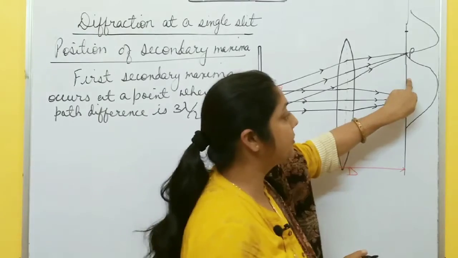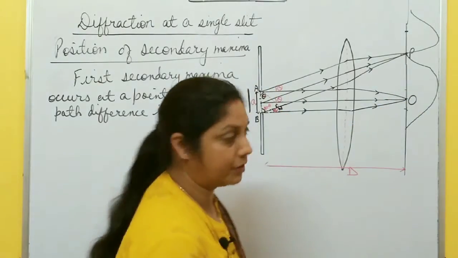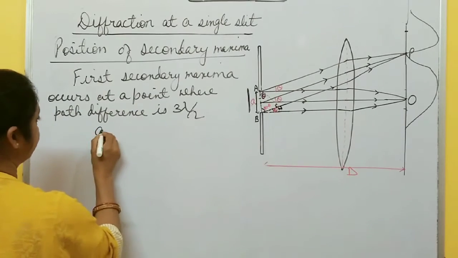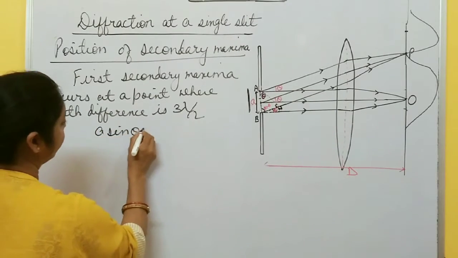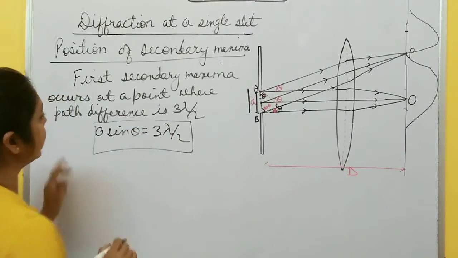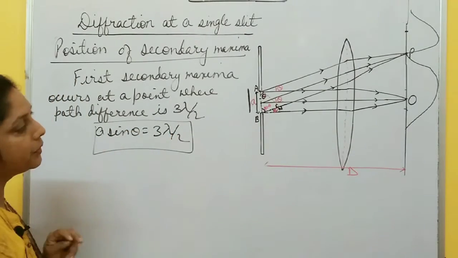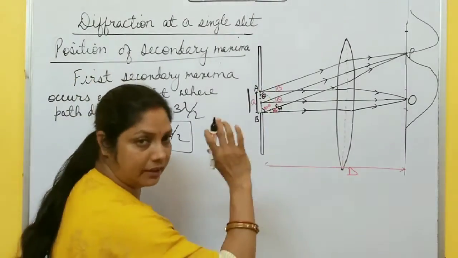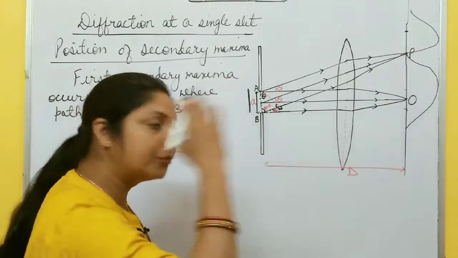At lambda by 2, no secondary maxima is formed, right? So to prove this, a sin theta equal to 3 lambda by 2 is the condition for first secondary maxima. How?